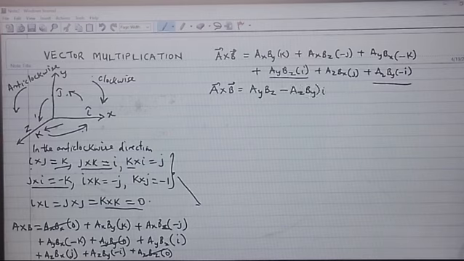Close the bracket, say I, plus, we go to J. We have J here, AZBX minus AXBZ, bracket J, plus we go to K, have a positive K which is AXBY, then we have a negative K minus AYBX.